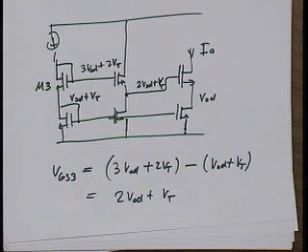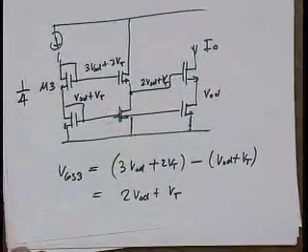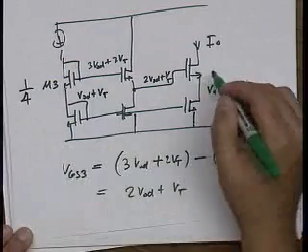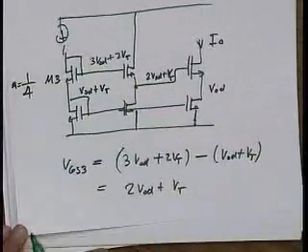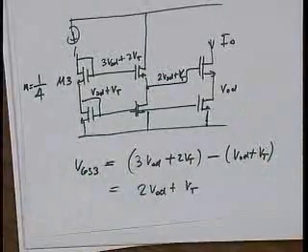Make the W over L 1/4. Right. I just make this 1/4, and the overdrive voltage is twice. All the other transistors are unity, right? So this is M. And basically this circuit will give me exactly what I want.